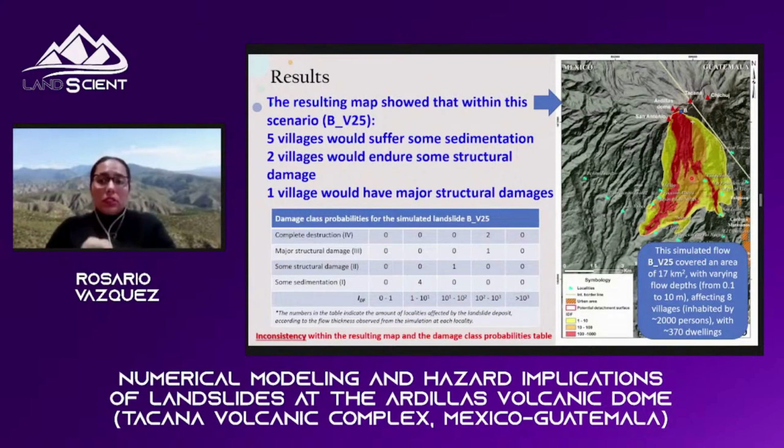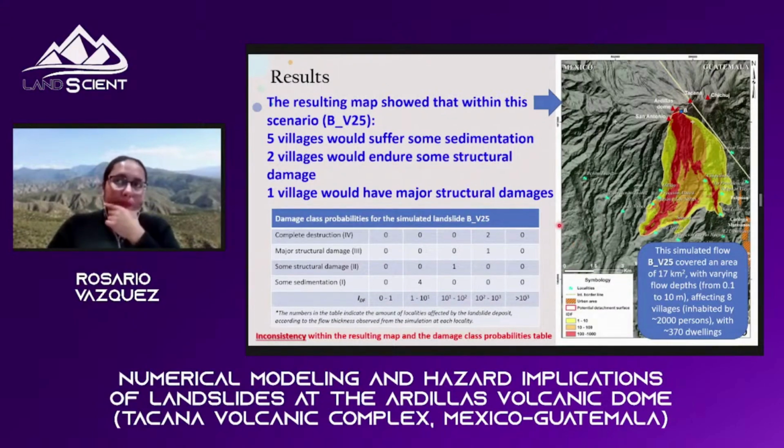And according just to this map, at least 5 villages will suffer some sedimentation, which is colored within the yellow zone. 2 villages will endure some structural damage that are distributed within the orange zone, and 1 village will have major structural damages that are inside the red zone.